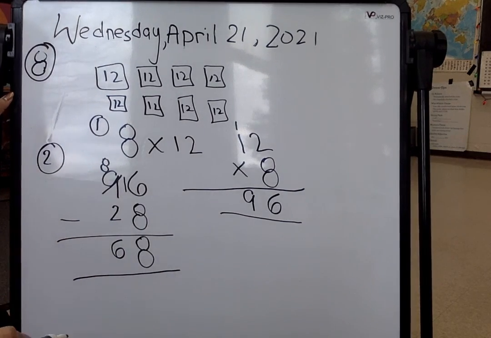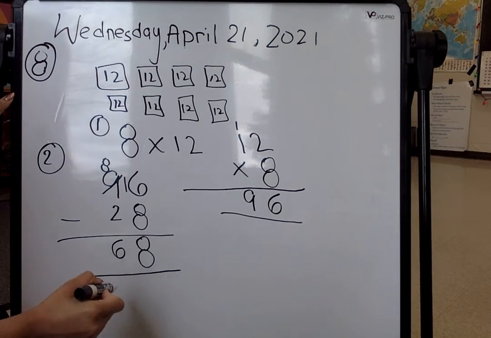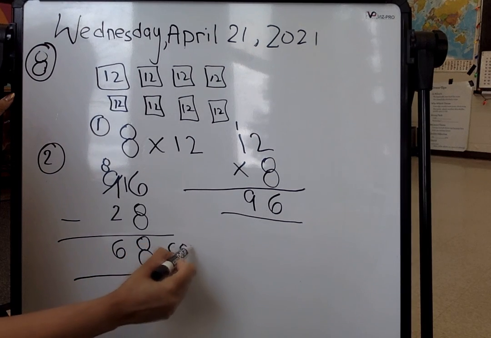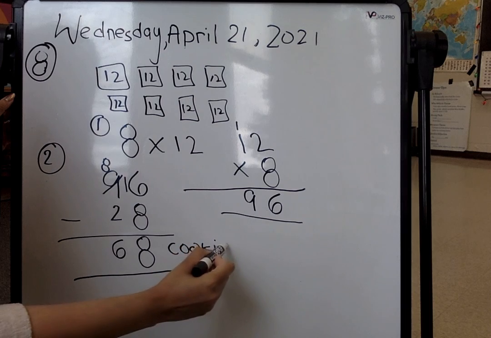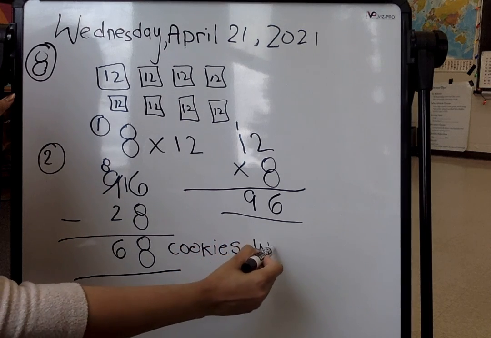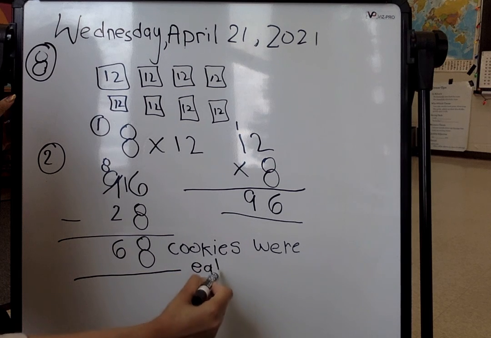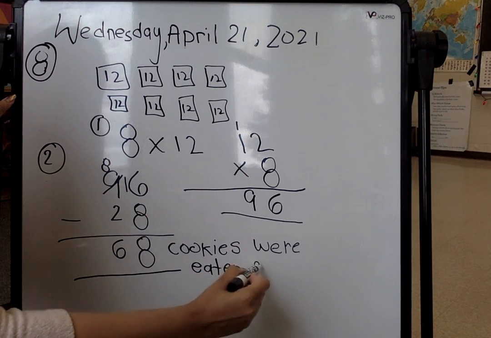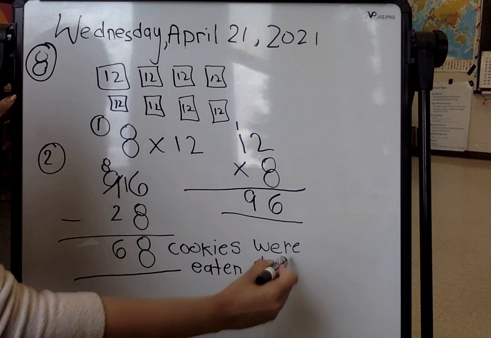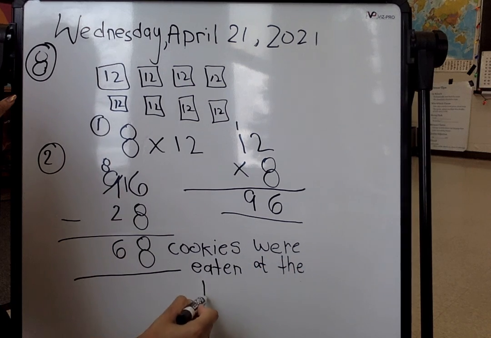So how many cookies were eaten at the party? 68 cookies were eaten at the party.